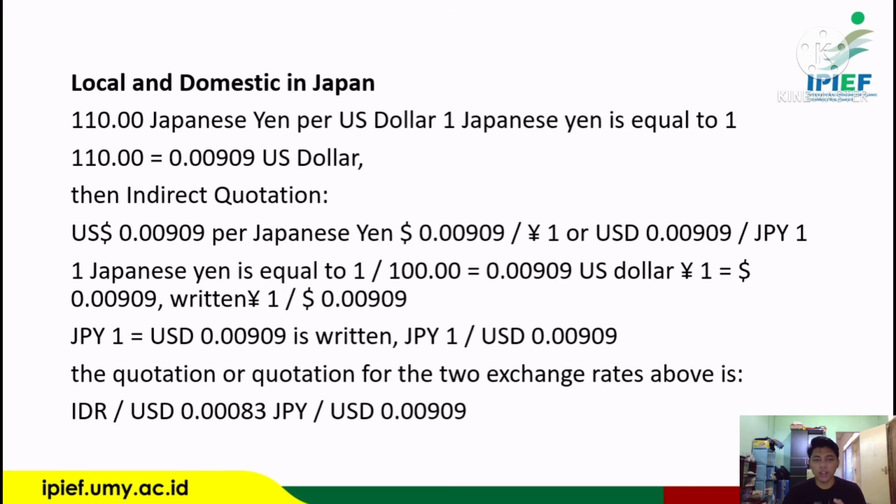It is equal to 1 yen, and we can also interpret that one Japanese yen is equal to 0.00909 US dollar, which is also written in my presentation. So the quotation between the two exchange rates can be seen below.